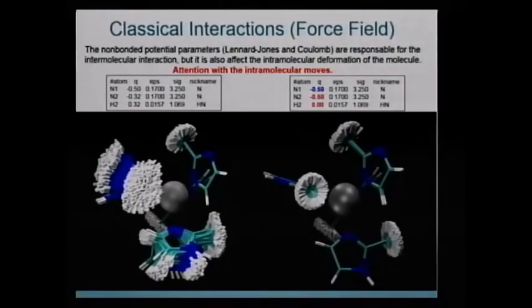The only change that we performed was adding a hydrogen and changing the charges of the nitrogen that is connected here. Before, all the nitrogens had this charge 0.5, and now here they have charge negative 0.5, and when we add the charge of the hydrogen, we have now this atom with charge negative 0.32, and the hydrogen with charge positive 0.32.